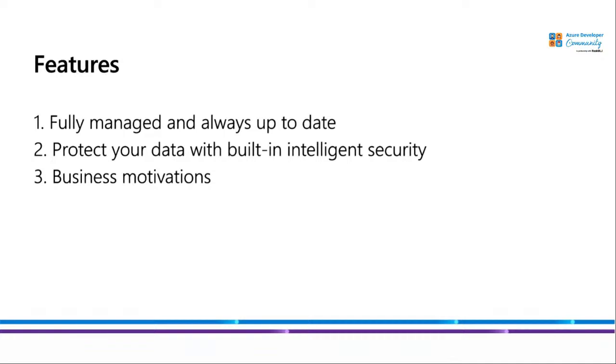Next, talking about the business motivations that businesses are mostly using, we need to see some parameters in order to understand whether it is feasible or not. Talking about the cost of the business, Azure provides two services, PaaS, which is platform as a service, and IaaS, infrastructure as a service.